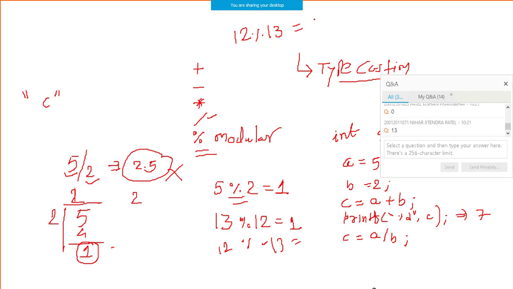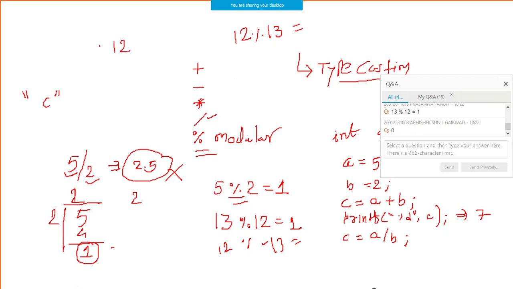Modulo will give you the remainder. Please understand, modulo, all are writing wrong. Modulo will give you the remainder. Yes, now somebody has written correctly. See, it's not 1.